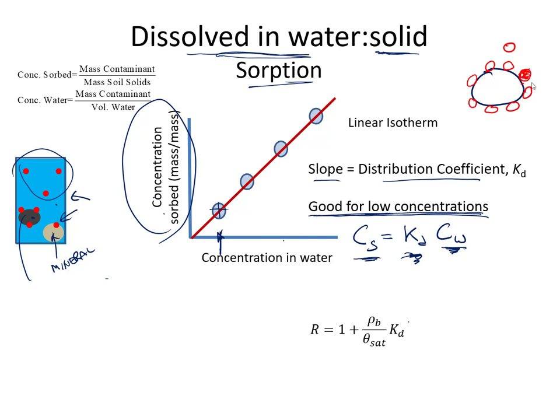And so at some point, if the concentration out here in the liquid becomes high enough, these sites where the absorption is taking place begin to fill up. And at some point they might be completely filled, and then we could have more molecules added, but if all these sites are filled, then we can't really absorb any more.